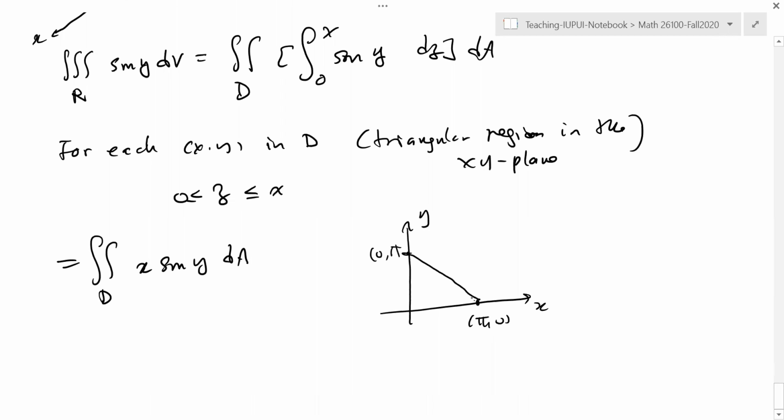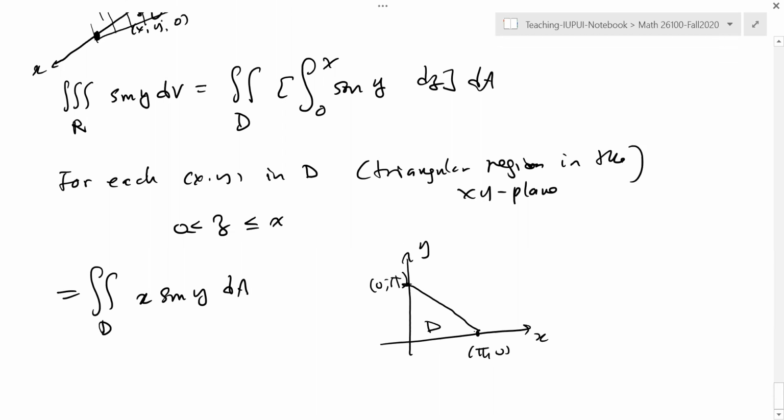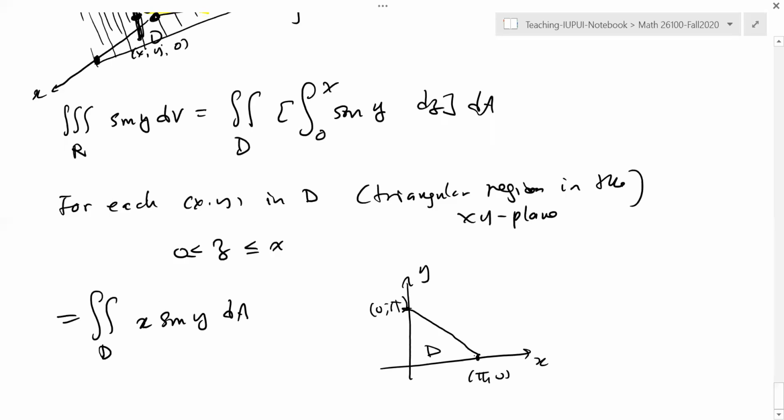Professor, we're doing it with respect to z, right? So why wouldn't you get z sine y? If we're evaluating the integral from 0 to x of sine y with respect to z, wouldn't we get z sine y, with the bounds 0 to x?